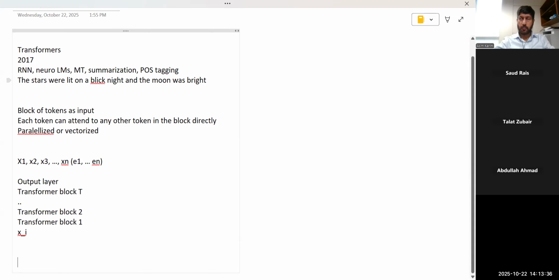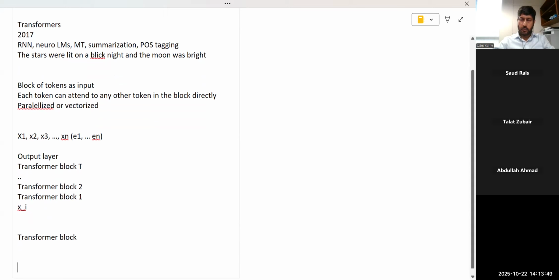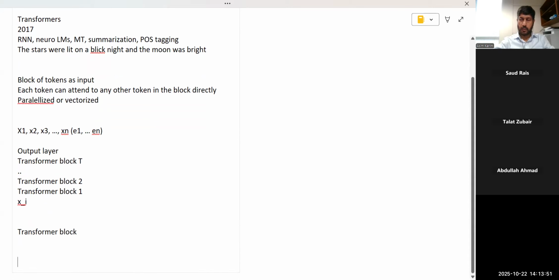So what is one transformer block? A transformer block also has many things, which we'll discuss one by one. Of course, the ordering might be slightly different, but I will just give you one ordering. So it starts with layer normalization. Okay?